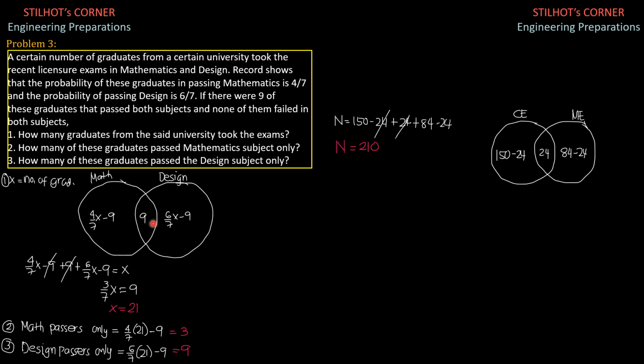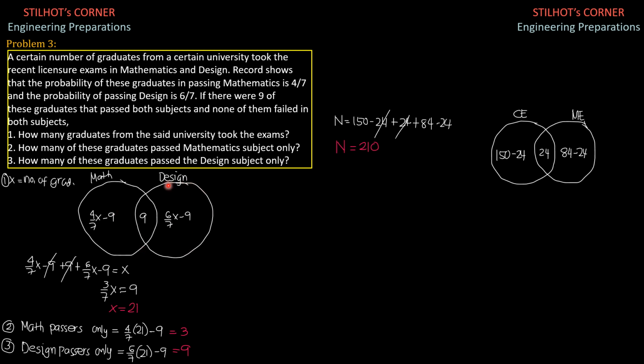So if X is the total number of graduates of that said university, then the number of graduates who passed mathematics alone is the probability, which is 4 over 7 of X, then minus 9 because the other 9 also passed design.